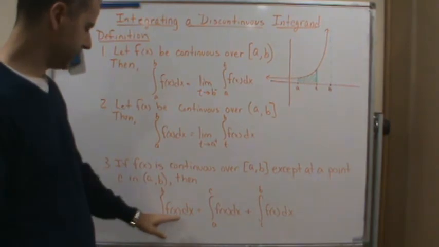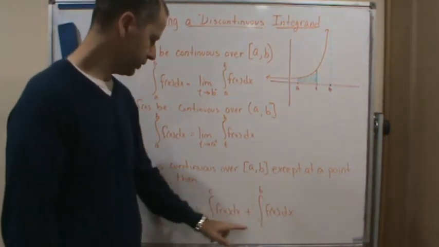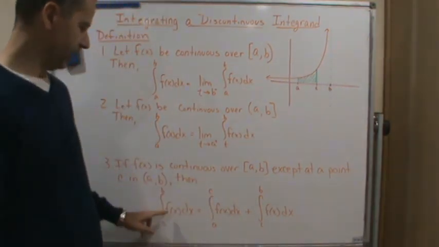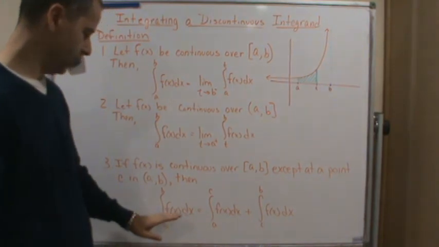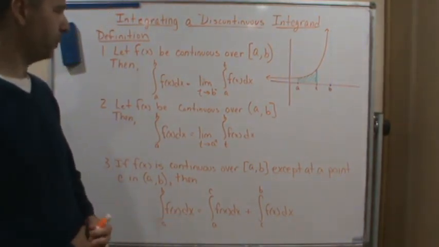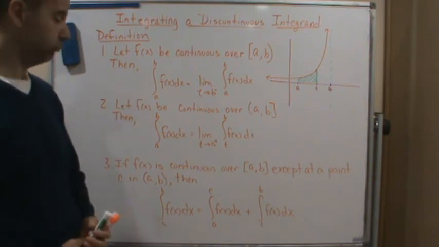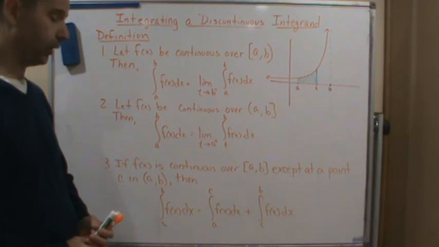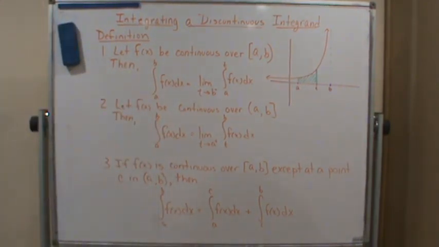And likewise, very similar to before, if either one of these integrals diverges, then the whole thing diverges. So both of these have to converge in order for this to converge. Same thing as before, just now applied to a discontinuity in the interval. We'll do some examples and we'll move forward.